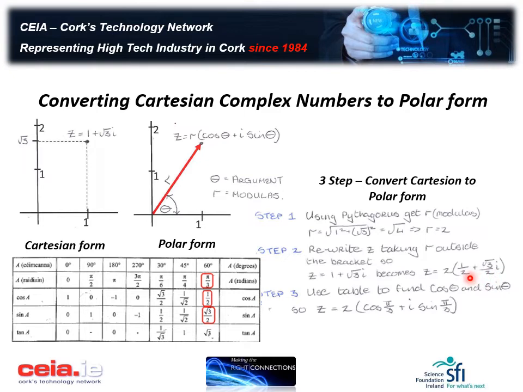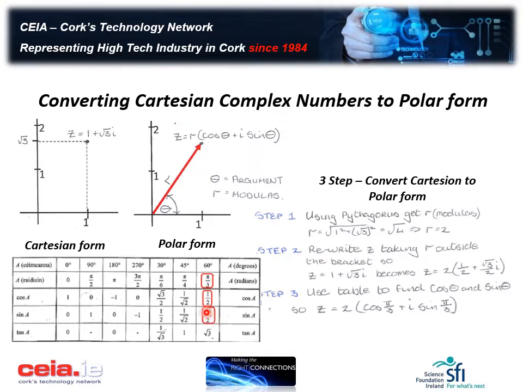So what we need to do is look at these values and use the table here to find out what the argument is. We want to find an angle whose cosine is a half and whose sine is root 3 over 2. So we go to the table on page 13 and, starting with the cosine row, we need to find an angle with a value of a half. Yeah, we found one here. And also we need to find the same angle with a sine value of root 3 over 2, and that's here.